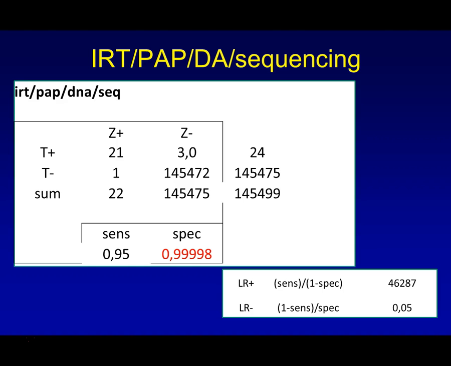When we apply the screening of CF using the IRT-PAP DNA sequencing strategy, we find the likelihood ratio of a positive test to be 40,287. In other words, a very high likelihood ratio of a positive test. The likelihood ratio of a negative test is 0.05.